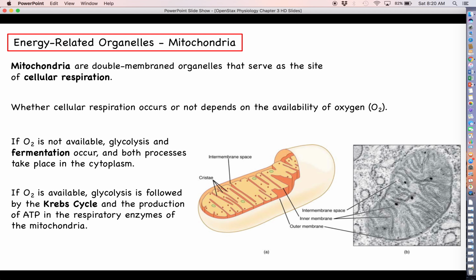Both of these processes take place in the cytoplasm. If oxygen is available, glycolysis producing pyruvate will be followed up by the Krebs cycle and then eventually the production of NADH and FADH2 that will be used to donate electrons into the electron transport chain, which we need ultimately to make lots and lots of ATP.